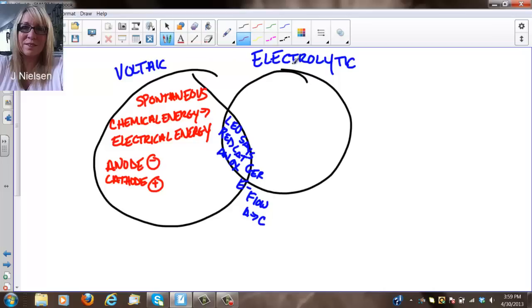For the electrolytic cell, it is non-spontaneous. I forgot something on the other side. I'll go back in a minute. Non-spontaneous. You need a power source to drive the reaction.